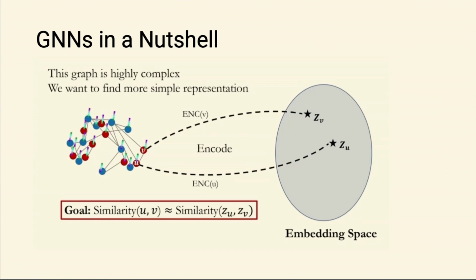So in order to intuitively understand what GNNs really do, they're basically an encoding mechanism. They take this highly complex, unstructured, non-Euclidean data structure, and then they encode it into some kind of an embedding space where a notion of similarity between nodes in the original graph is maintained in the embedding space as well.